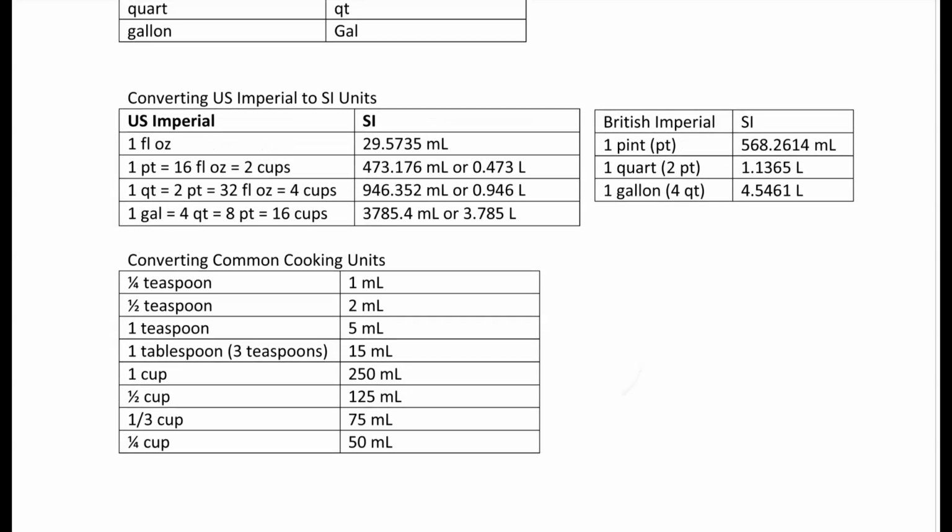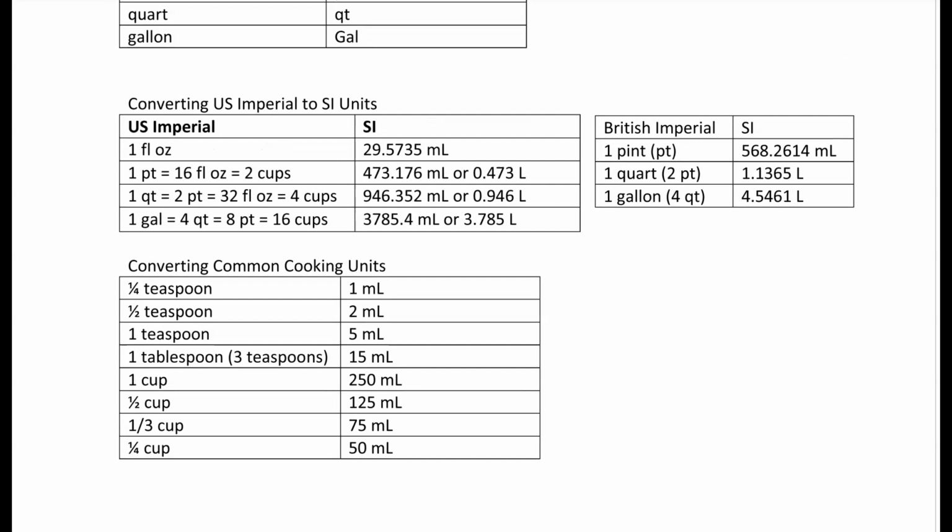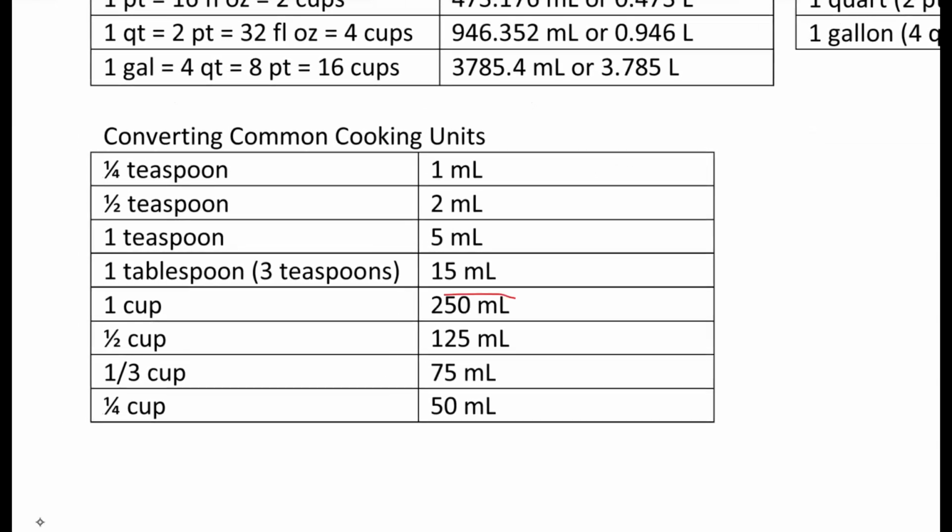Now, one thing to notice is some are inconsistent. So 1 cup is usually 236 milliliters, but we round that to 250 milliliters, especially for stuff like baking, because it's going to be an easier unit of measure rather than trying to go to 236.59 milliliters.